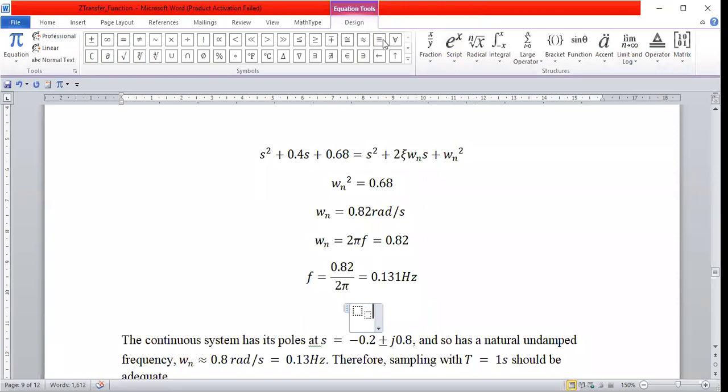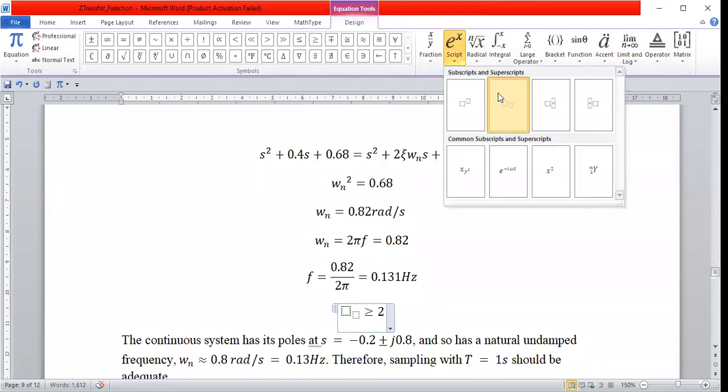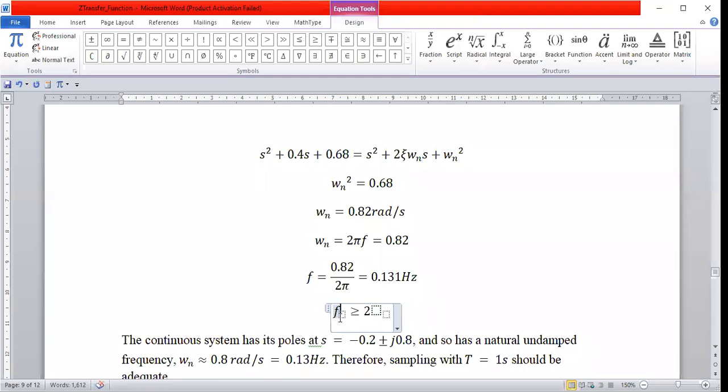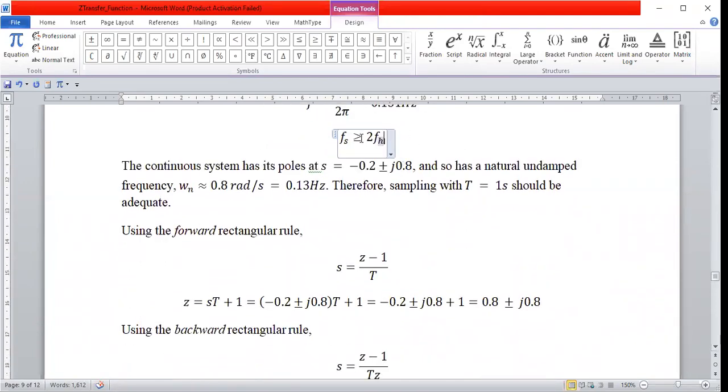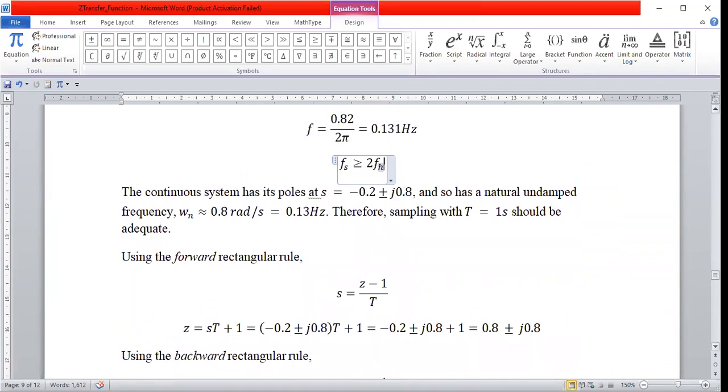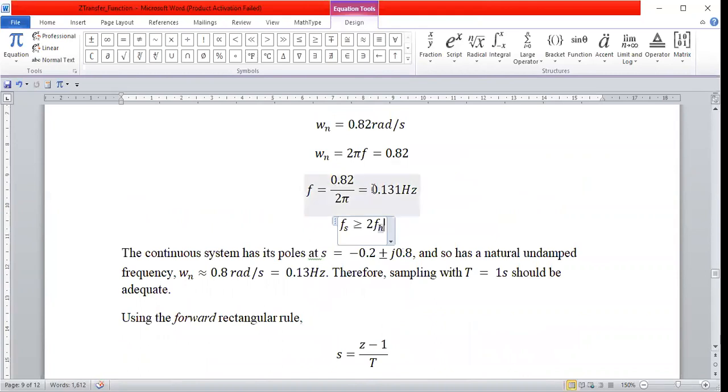The sampling frequency f of s should be greater than or equal to 2 times the highest frequency of the signal, because in the question you are not given the sampling time to use.